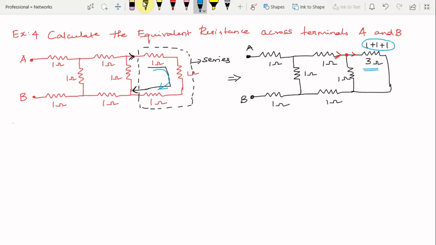Now these two resistances are connected in parallel. How do we say this is connected in parallel? Because the current entering this node is going to divide here. Therefore, the current carried by these two resistors is not going to be the same. Therefore, these two resistors are connected in parallel.